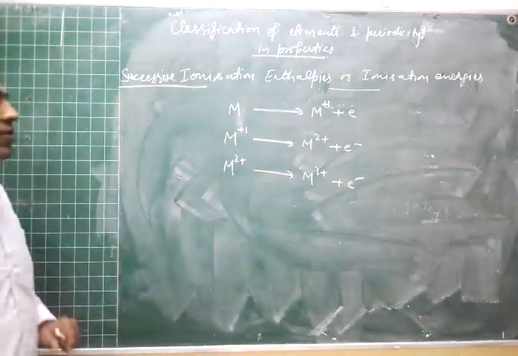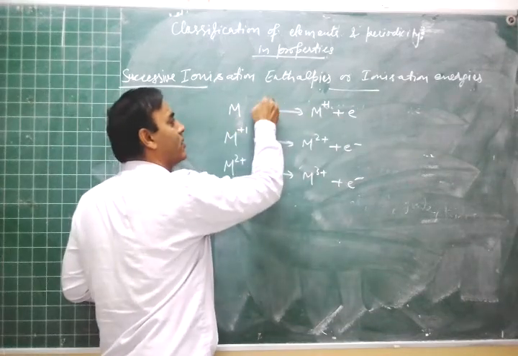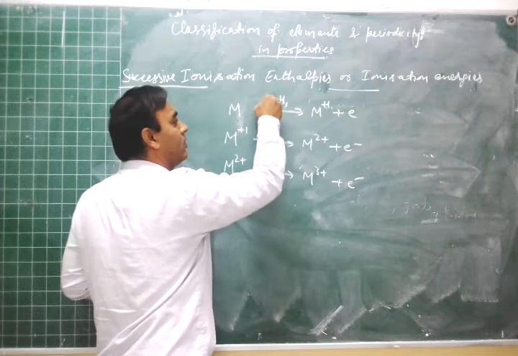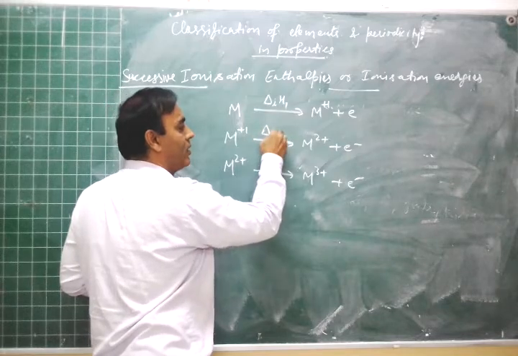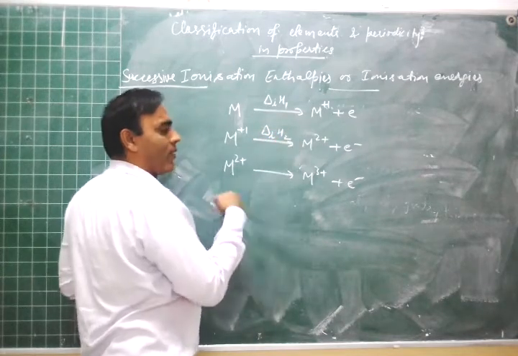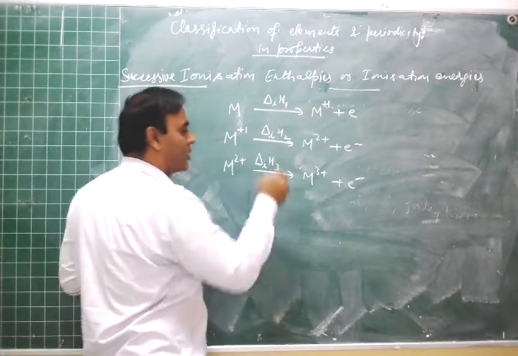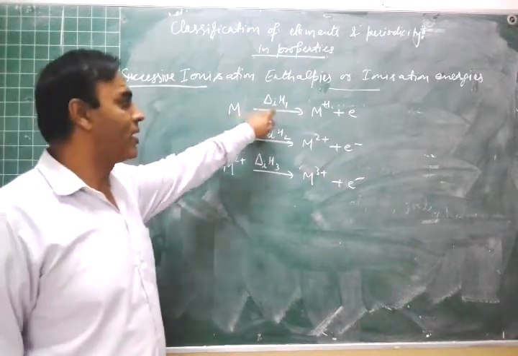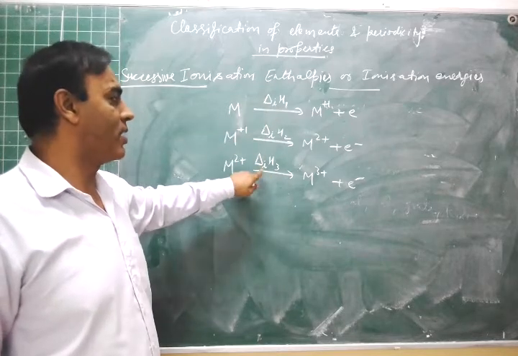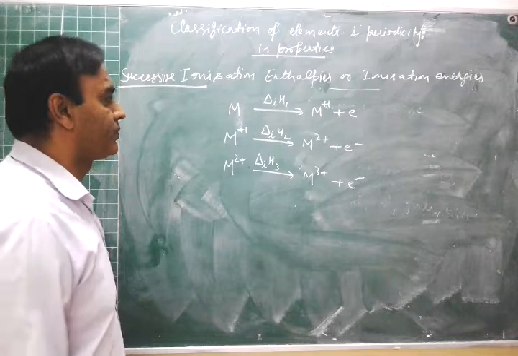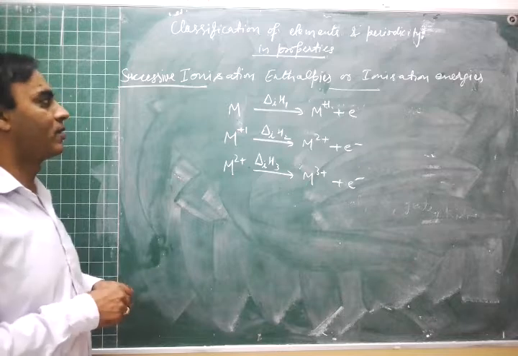The amount of energy required to remove the first electron, we write as delta I H1, the second electron as delta I H2, and the third electron as delta I H3. These delta I H1, delta I H2 and delta I H3 are known as successive ionization energies or enthalpies.